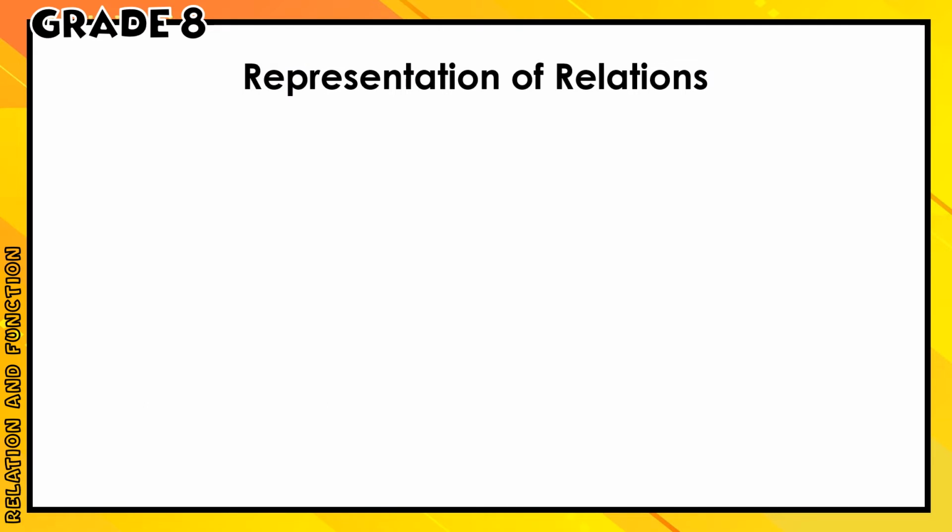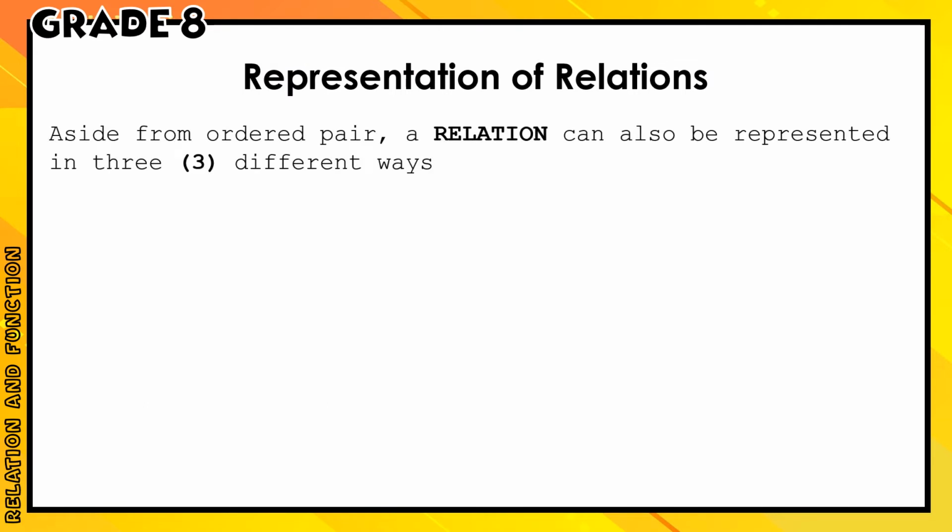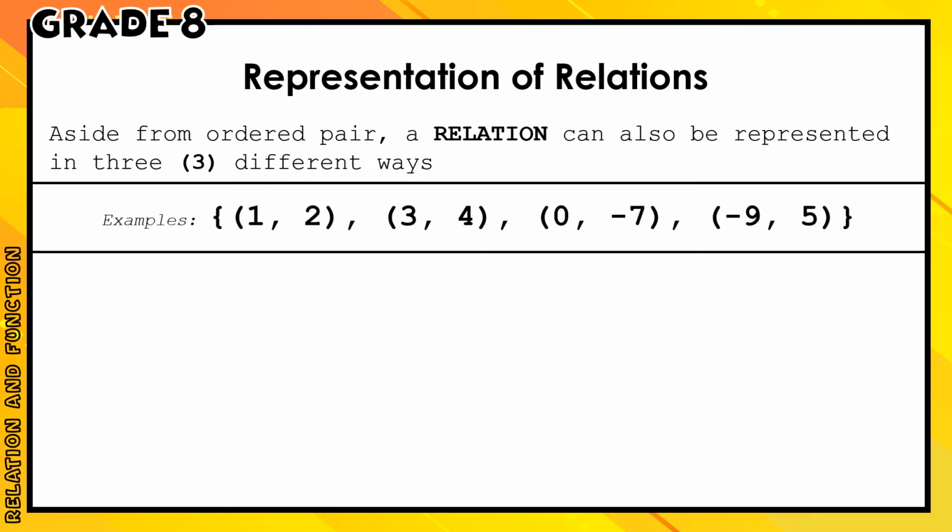Representation of relations. Aside from ordered pairs or the x and y values, a relation can also be represented in three different ways. We have here an example. This is the ordered pairs, the traditional representation of relations: (1, 2), (3, 4), (0, -7), and (-9, 5), where the first numbers are the domain or the x values, while the second numbers, these are your range or the y values.